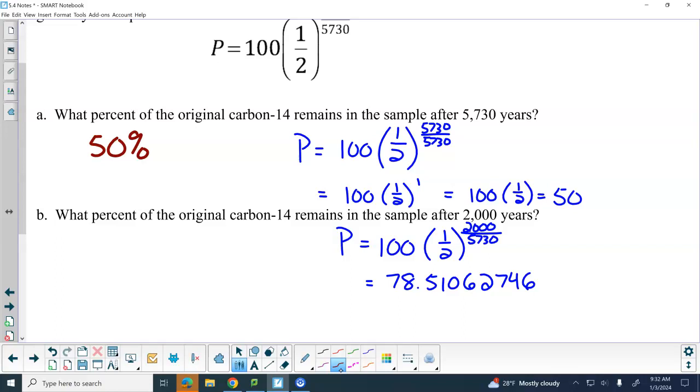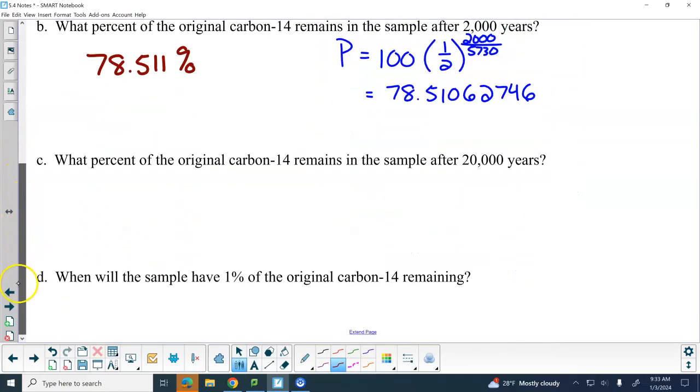Yep, now we'll go 2,000 divided by 5,730. So we'll call it 78.510. Oh, 511. Okay.